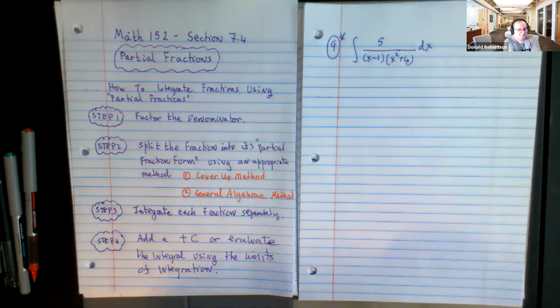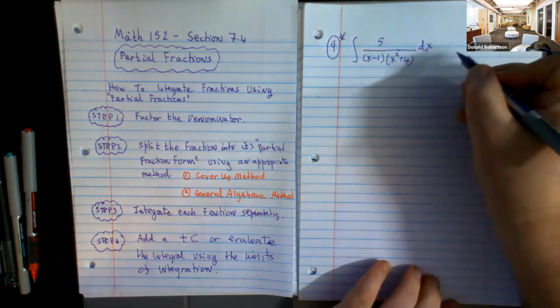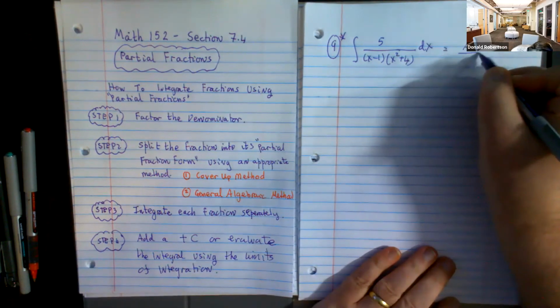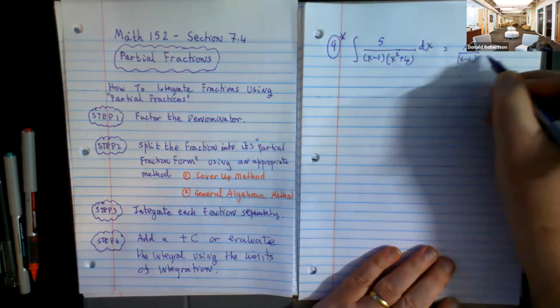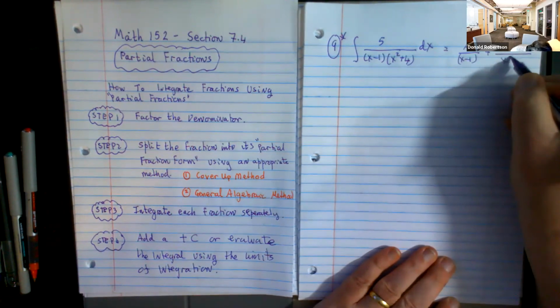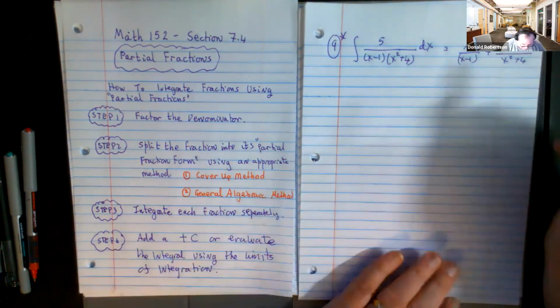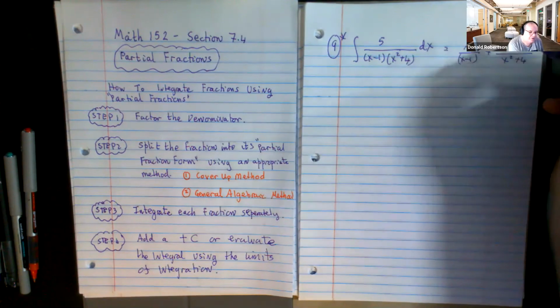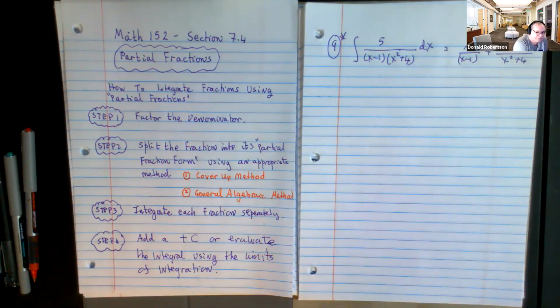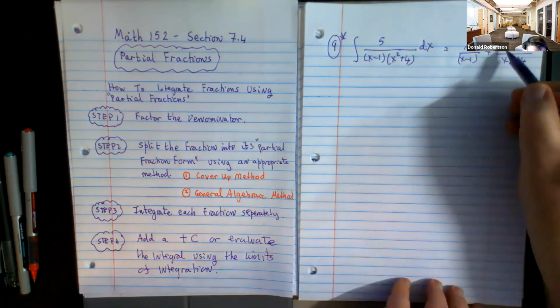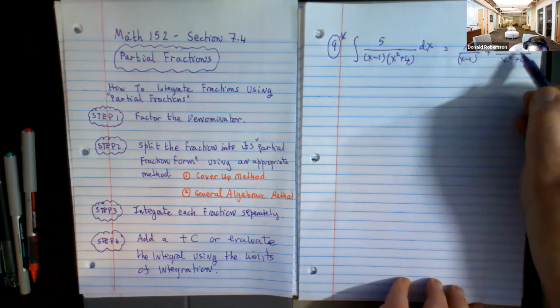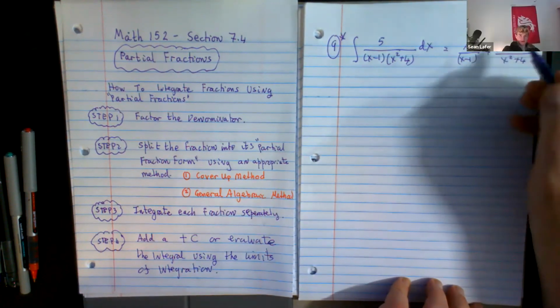Okay. Now, it's going to split as an A over x minus 1. Remember what we did yesterday, what goes above x squared plus b? bx plus c.